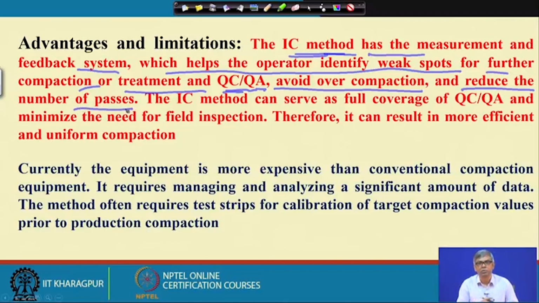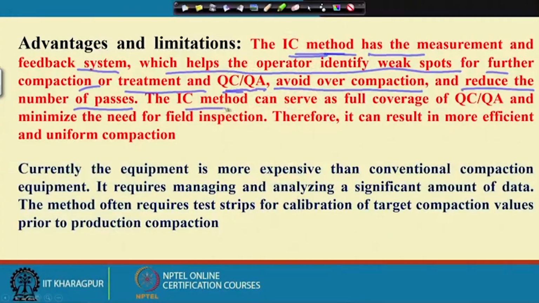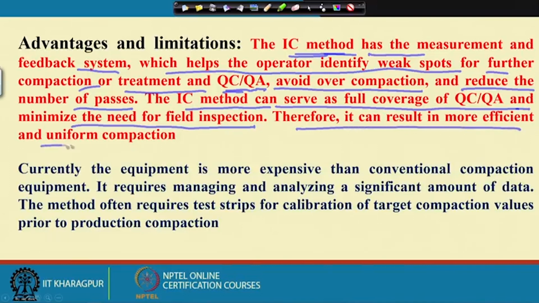Suppose we have recommended 6 passes for a particular dry density, but I find that at 4 passes we are achieving that, then we can stop. That is the advantage. The method can serve as full coverage QC and QA, minimize the need for field inspection, and result in more efficient and uniform compaction.